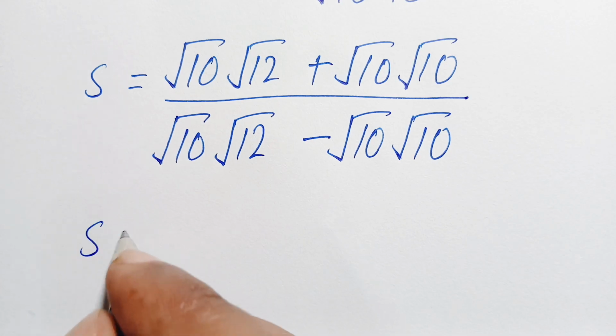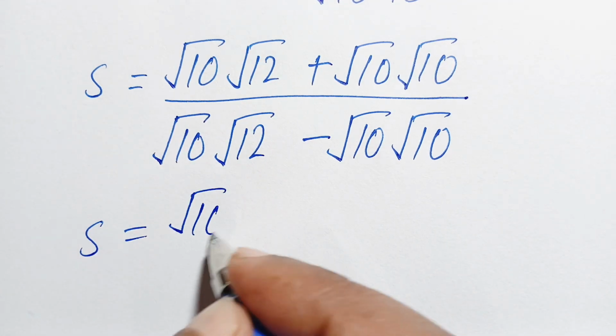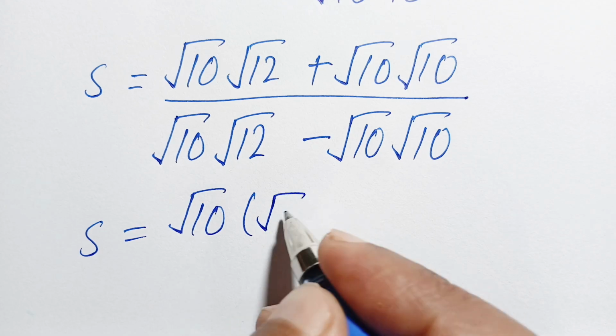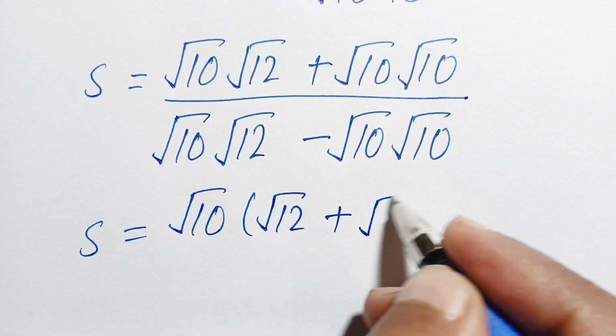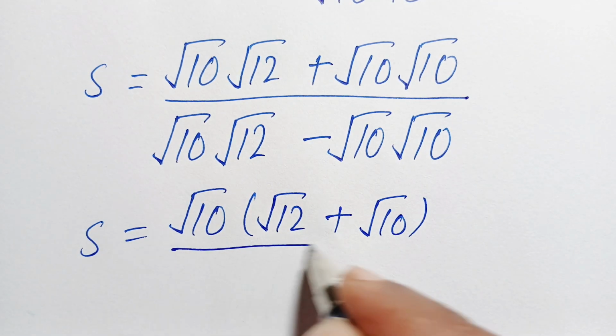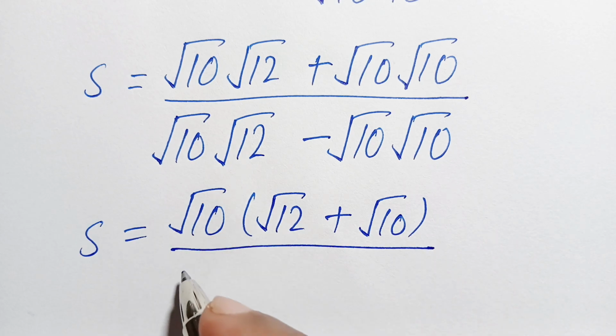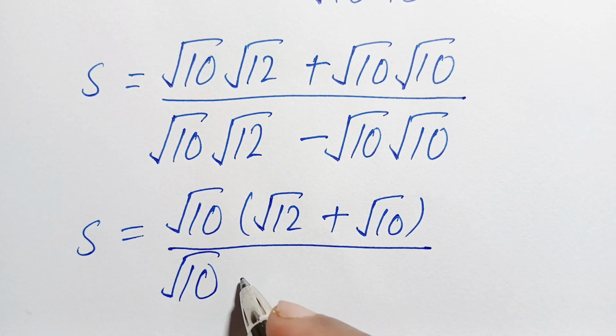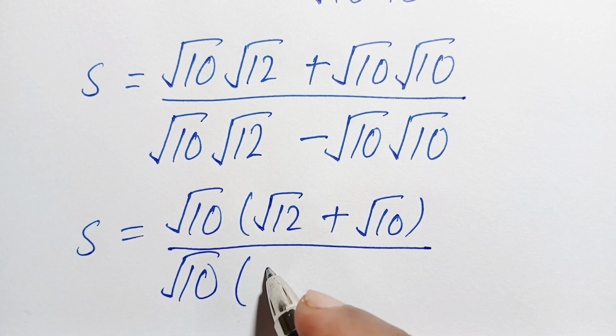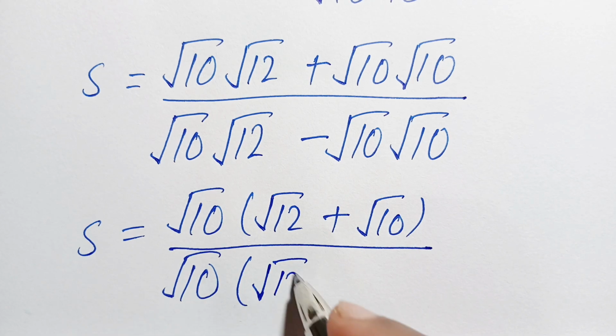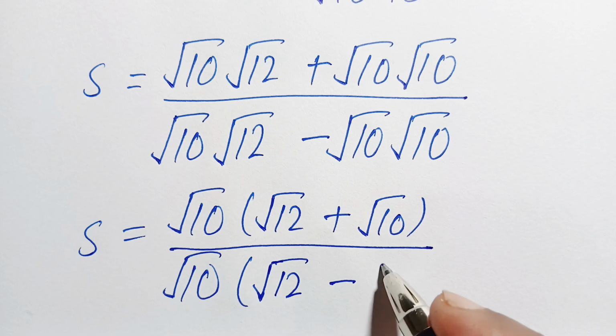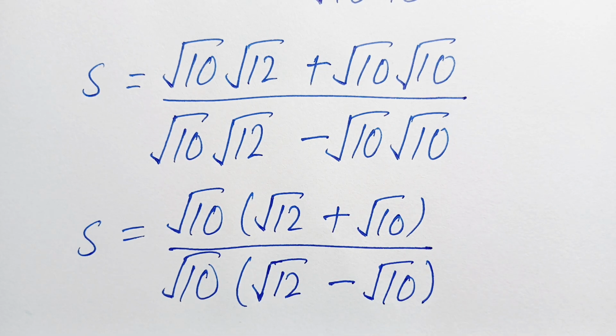By taking the highest common factor, S is equal to square root 10, the leftover term is square root 12 plus square root 10, over, here the highest common is square root 10, the leftover term is square root 12 minus square root 10.